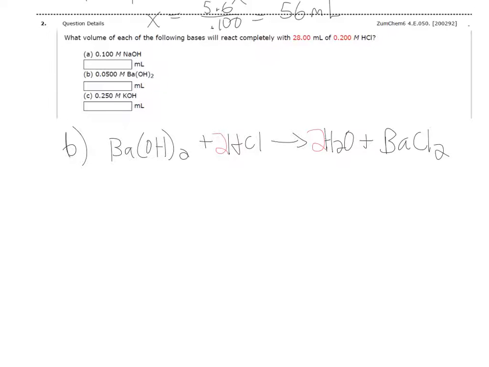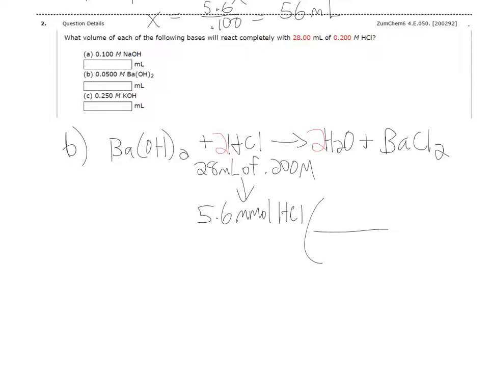And just like before, when we calculated in part A, we took the volume times the molarity of hydrochloric acid and arrived at 5.6 millimoles of hydrochloric acid. Well, that same number applies. We're going to do the same thing as before, only this time note that the ratio of coefficients between the reactants is a 2-to-1 ratio.